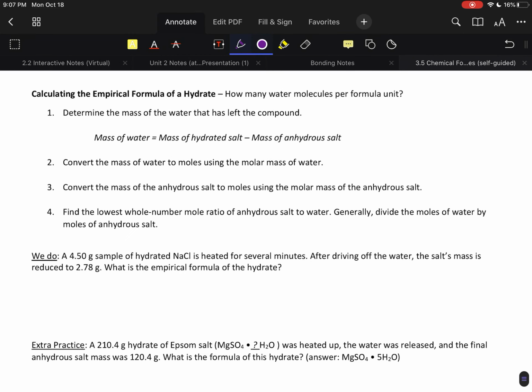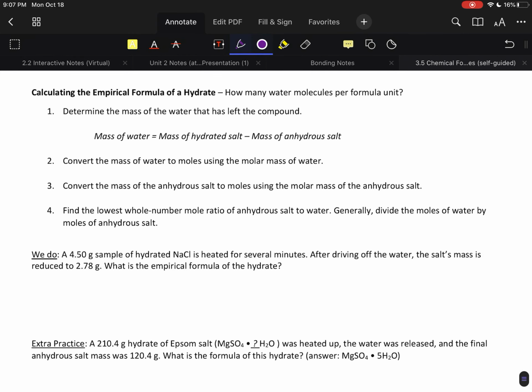The next type of calculation we're going to do is to determine the empirical formula of a hydrate. Okay, so remember, this is kind of like what we did in the lab, or what you're going to do in the lab. For example, if we look at this problem right here, we have a sodium chloride hydrate.